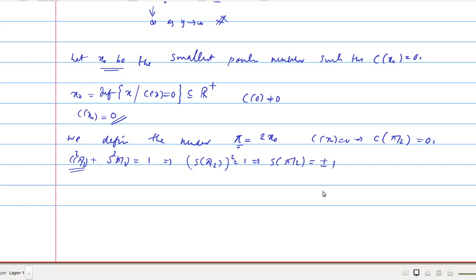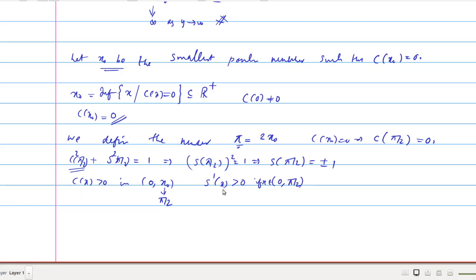But we know that c of x is always greater than 0 in the interval 0 to x naught, because x naught is the smallest positive number such that c of x equals 0. So in this open interval c of x is greater than 0, and this x naught is nothing but our pi by 2. Since s dash x is c of x, the derivative is greater than 0 in the open interval 0 to pi by 2.